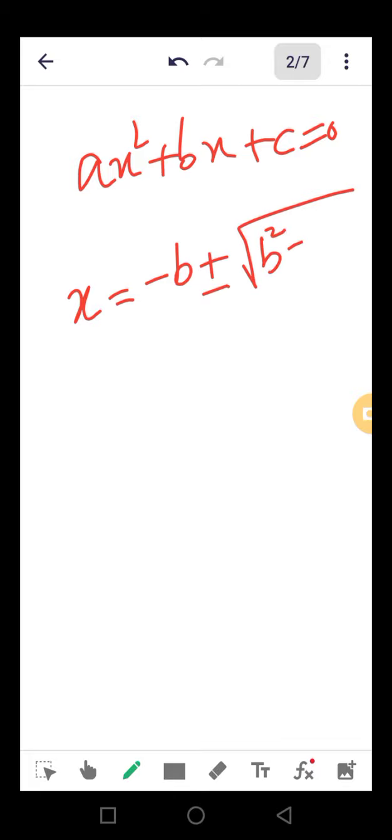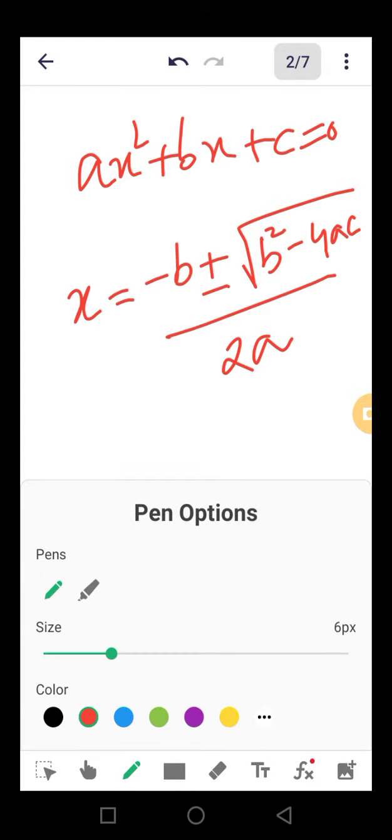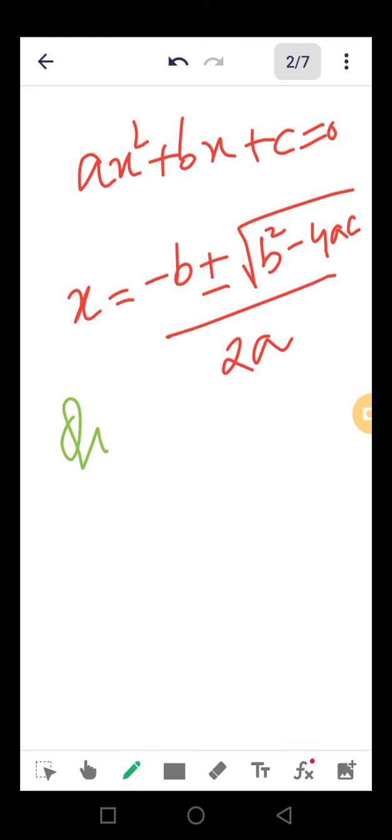If I want to find the roots of this, I can use this formula, that is quadratic formula. x is equal to minus b plus or minus square root of b square minus 4ac, divided by 2a. Okay, this formula is called quadratic formula. Keep this in mind. This will be very useful for you in higher classes also.